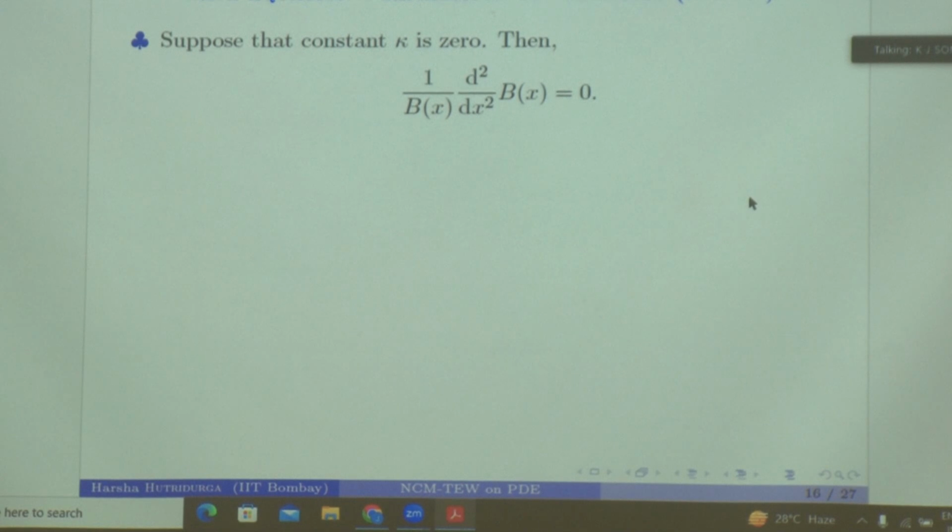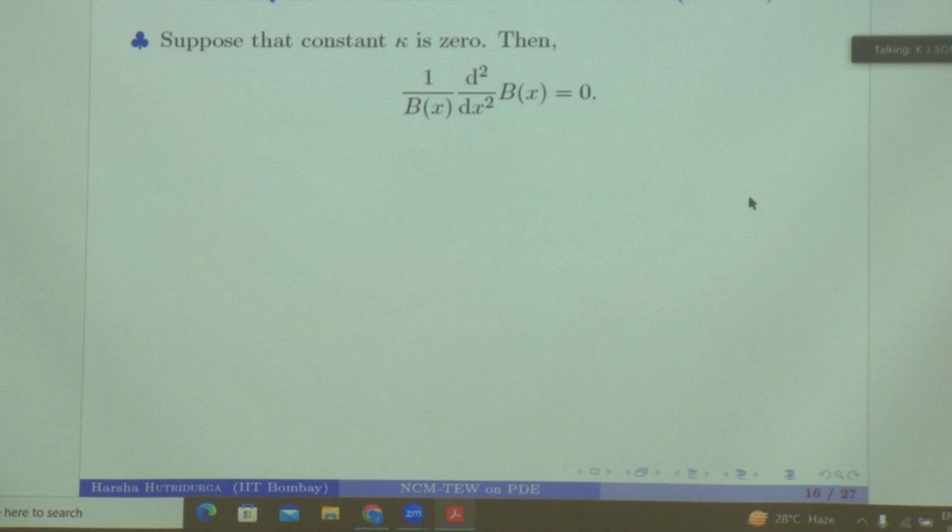If y double prime of x is equal to 0, the general solution is y of x equal to c x plus d. Just trust me on this, you just integrate twice. So y of x is equal to c x plus d.